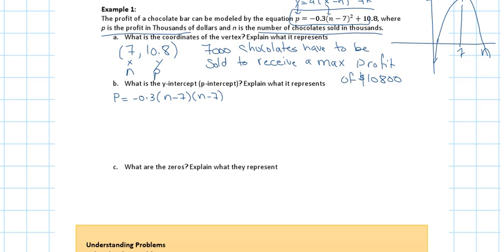Yeah. I write it twice because I want to FOIL. And now I FOIL. So n squared minus 7n minus 7n plus 49.